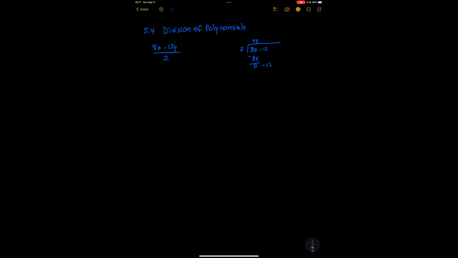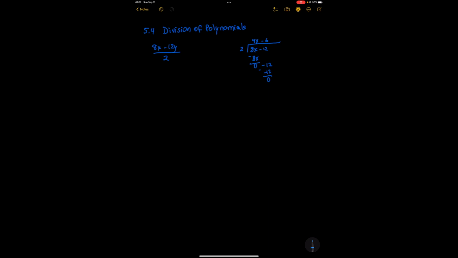And of course, 2 times what? Negative 6, that would be negative 12. And of course, when you subtract, it's going to become positive, so it's going to be 0. So this is actually a very easy one. Alright? Now let's do it the other way.